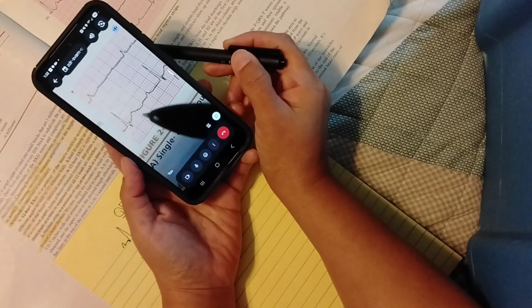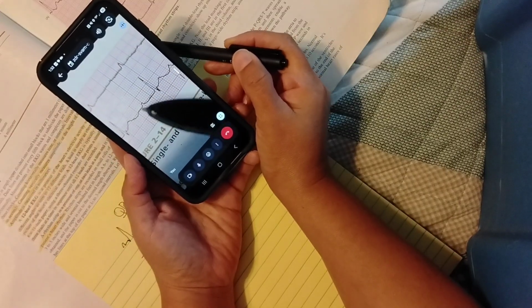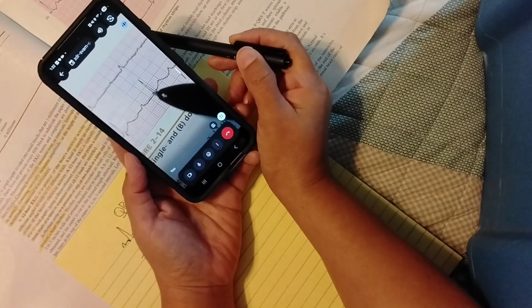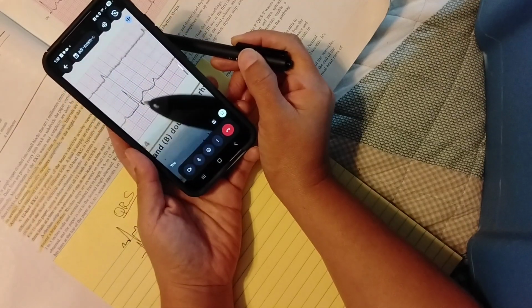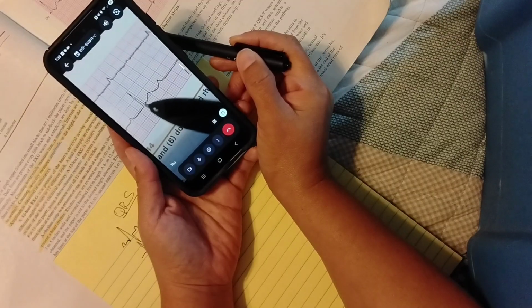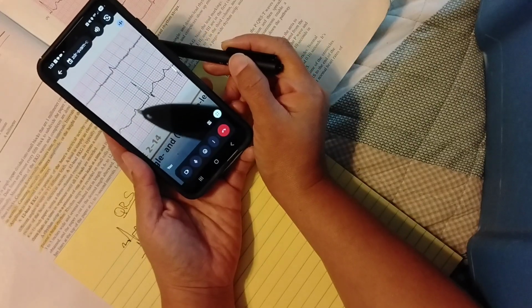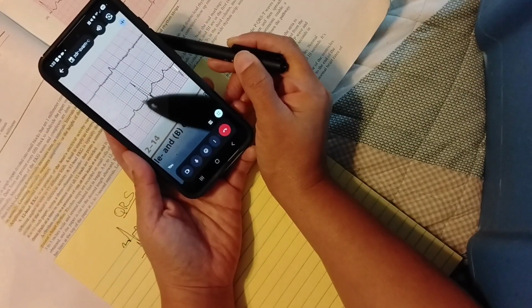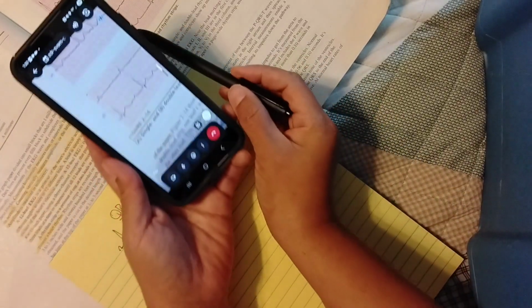So this is how you're going to be measuring the P waves, how long to the QRS. And when I'm saying measuring, it's how many boxes are in the QRS in total, how many boxes from here to here, and stuff like that. This is how you're gonna measure.